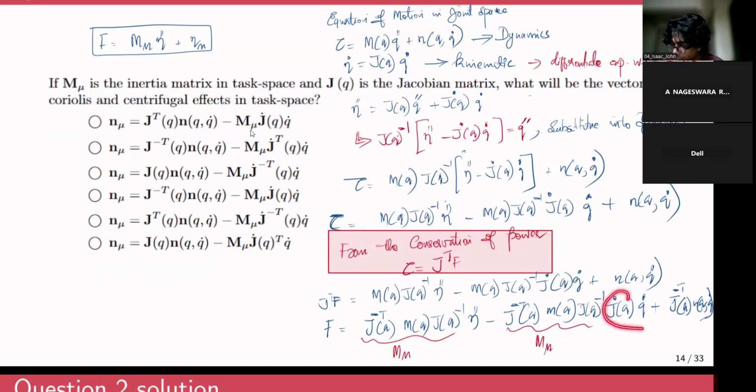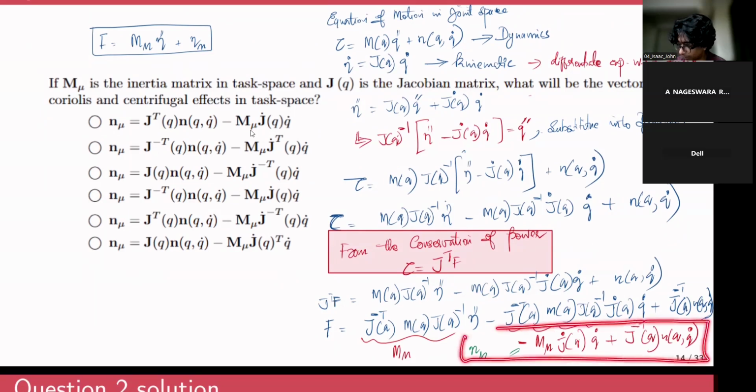Then I'll carry over these two terms: minus J dot of q, q dot, plus J inverse transpose of q, N of q, q dot. This term would be N of mu, the vector of centrifugal and Coriolis effects expressed in task space coordinates.